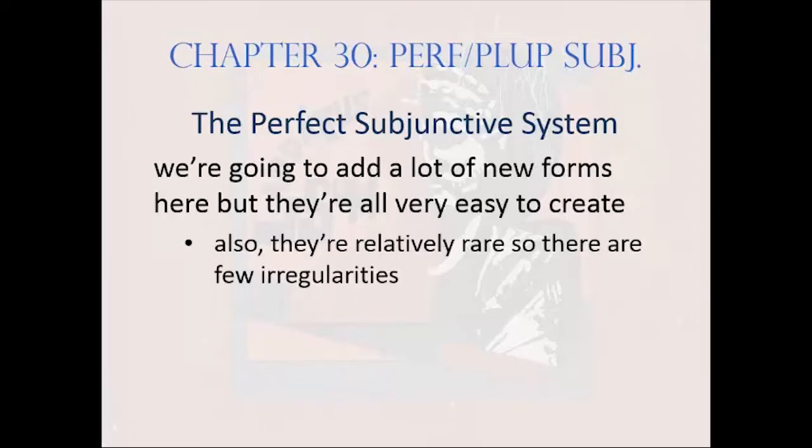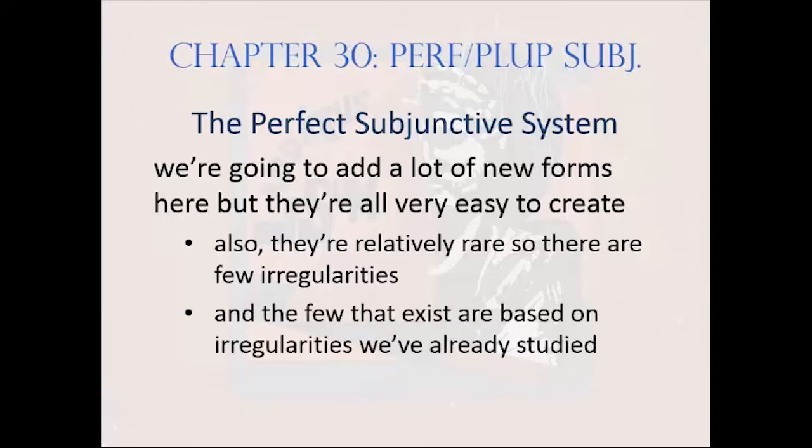Third, these forms show up relatively rarely in practice, and the rule is, when forms don't get used all that often, they can't support much irregularity. And fourth, the few irregular forms we actually encounter here are based on irregular forms we've already studied.